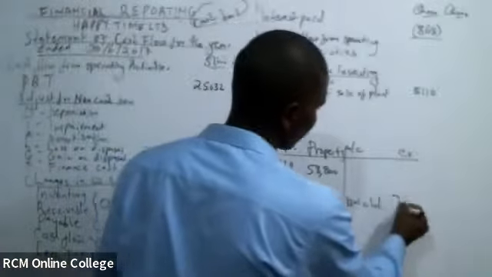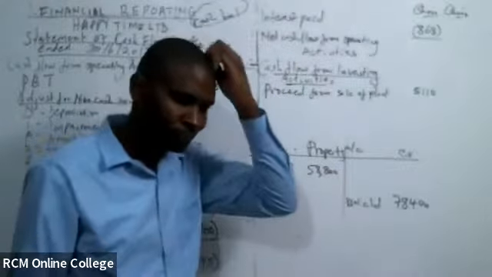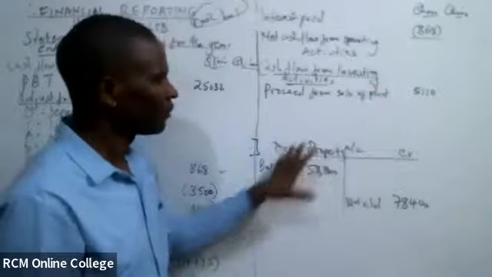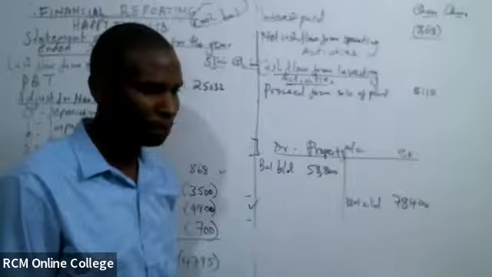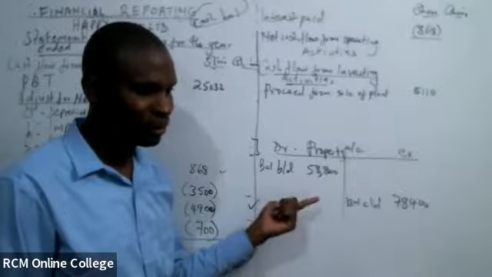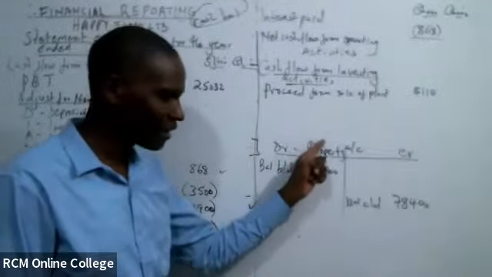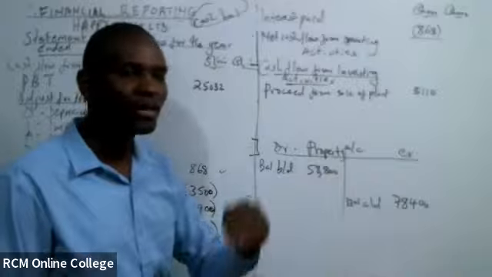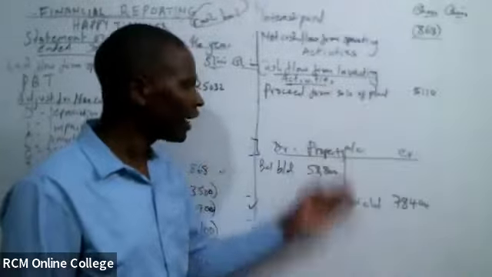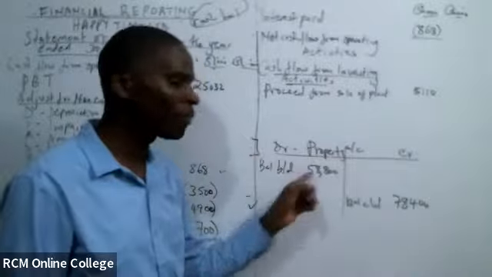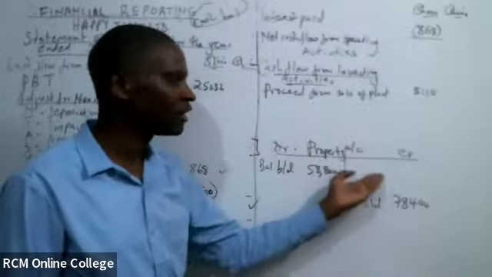78,400. You know what, class? You usually ask yourself, hii ni property, right? Inaweza kuwa maybe a piece of land. Inaweza kuwa building. Kama ni property inaweza kuwa either land or building. I know that land does not depreciate, but building does. So any item that reduces this property is credited.